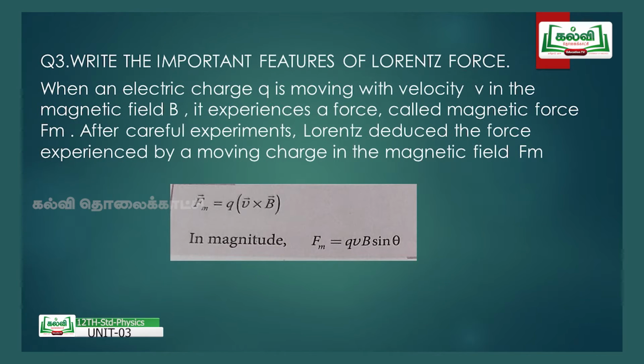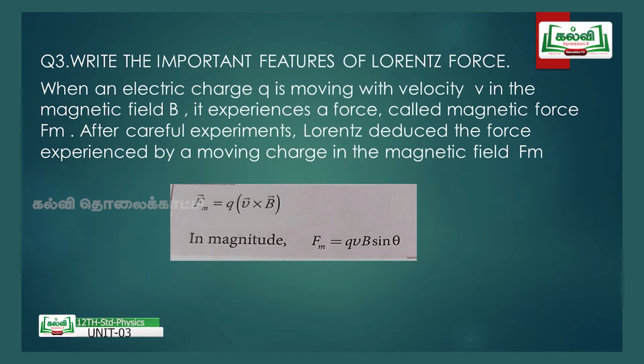Now, the magnitude: since it is a cross product, Fm = Q V B sin theta. So, that is the expression.